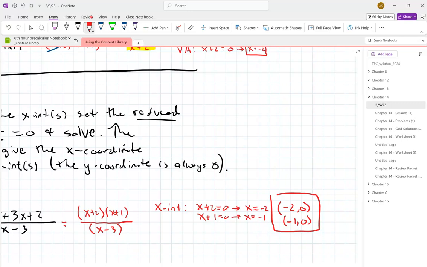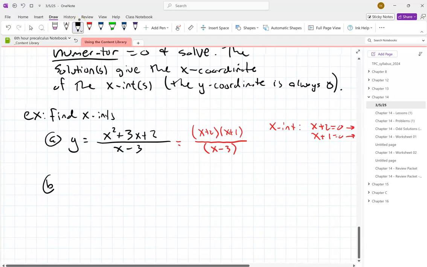What I desperately want to do is not confuse myself between my x-intercepts and my vertical asymptotes. So I'm always going to write my x-intercept as a point so that I don't confuse it with a vertical asymptote that's a line. So far, so good? All right.